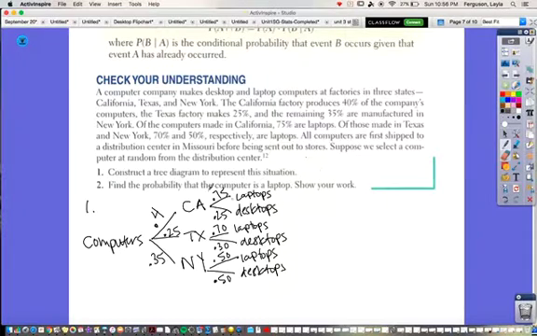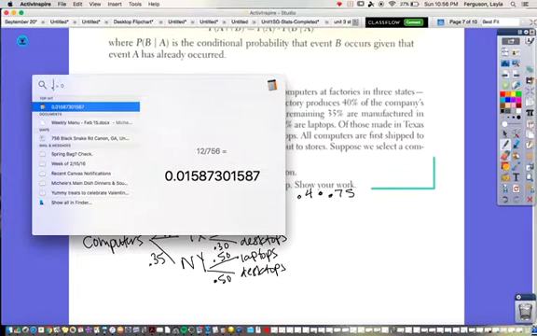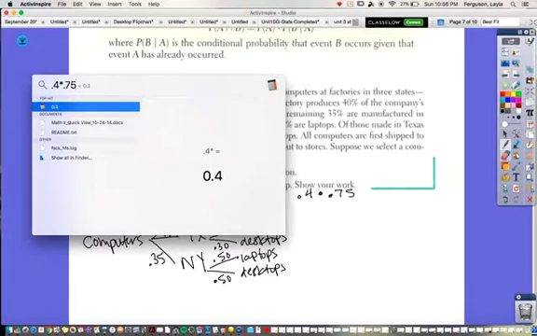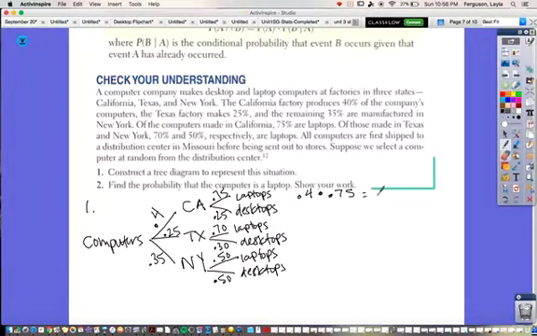All right, so probability that you are a laptop from California, you would say 0.4 times 0.75 to get 0.3.